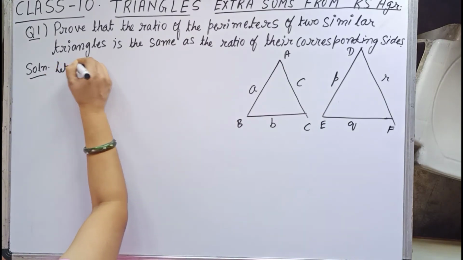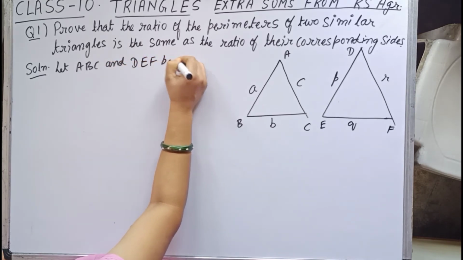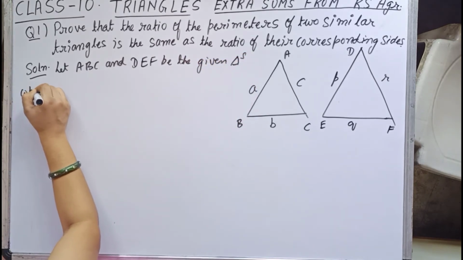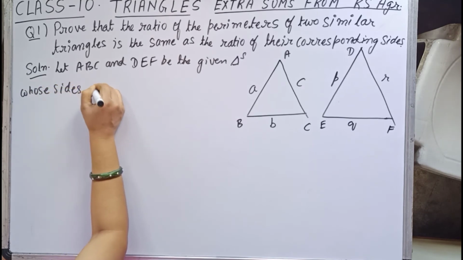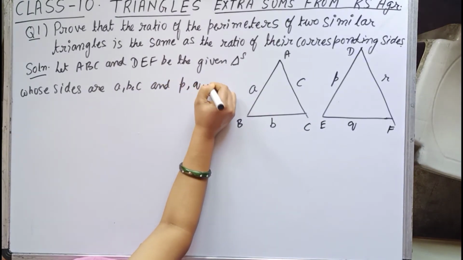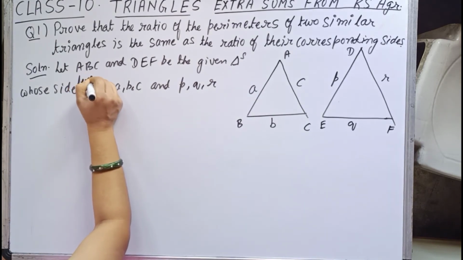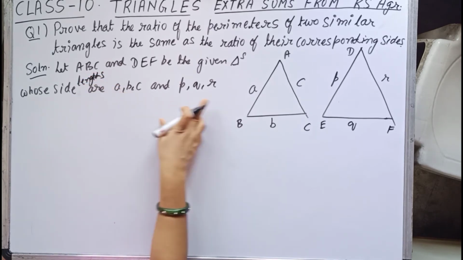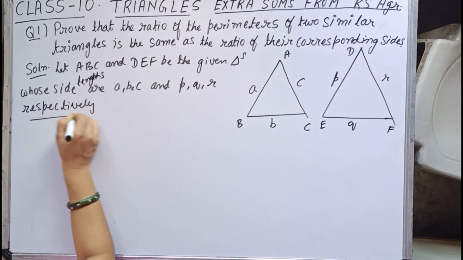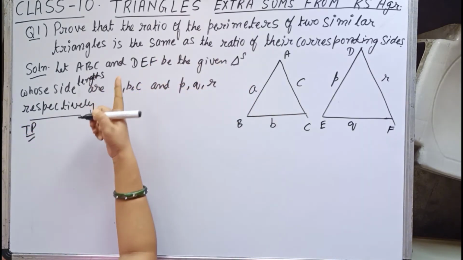So let ABC and DEF be the given triangles whose side lengths are a, b, c and p, q, r respectively.